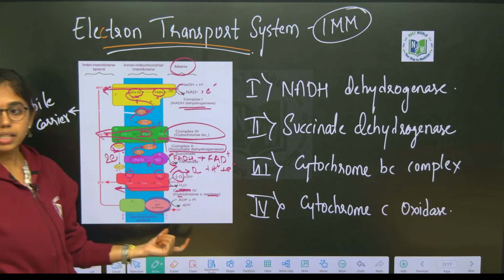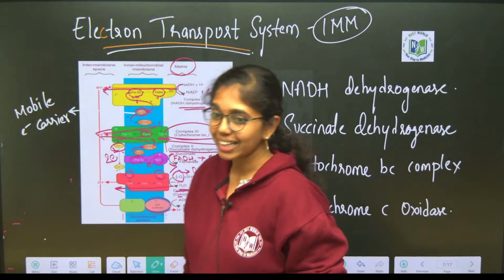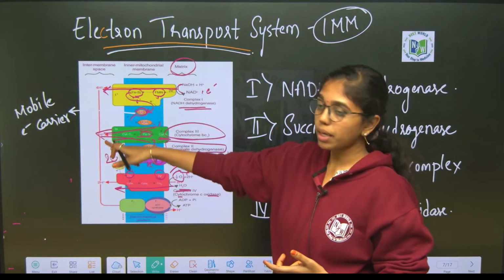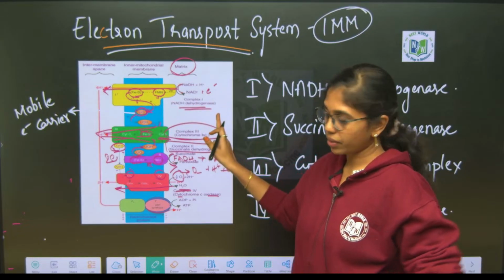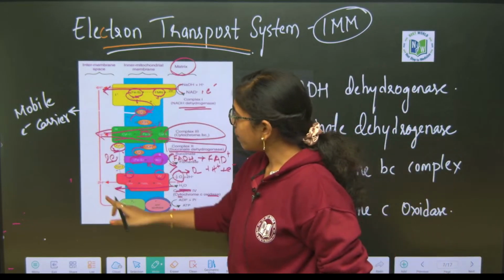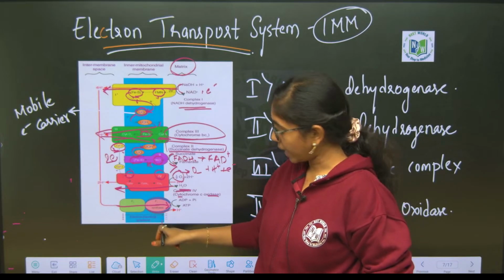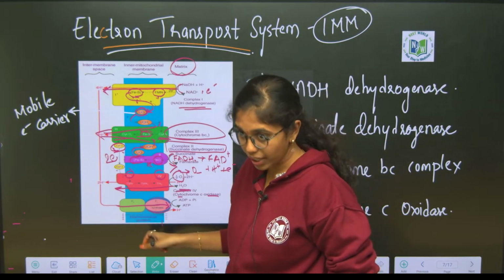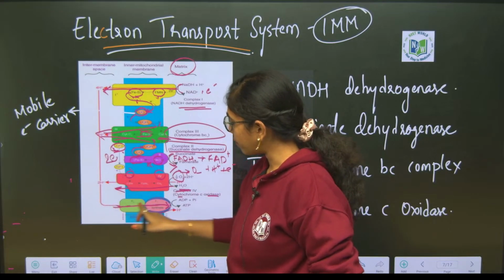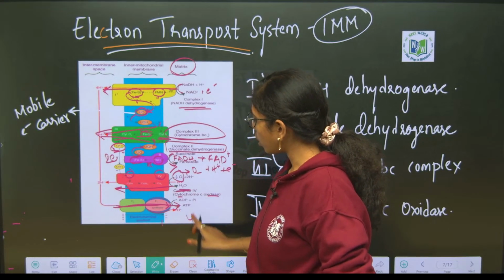Fine. That is the reason a proton gradient is generated between the intermembrane space and the mitochondrial matrix, wherein protons are being pumped through the ATP synthase. ATP synthase is activated. This is also known as complex 5, where protons will be pumped in one run. 4 protons will be pumped.